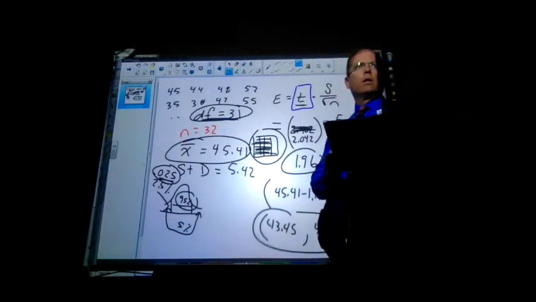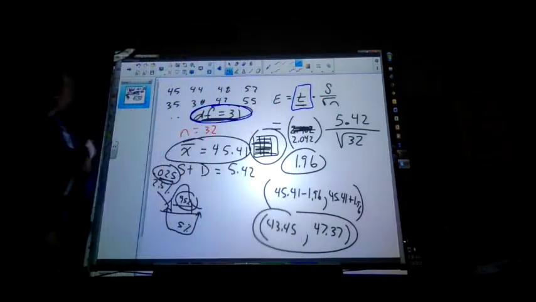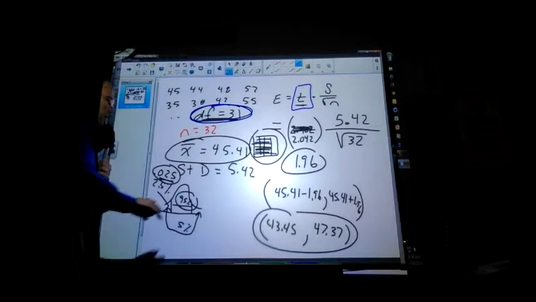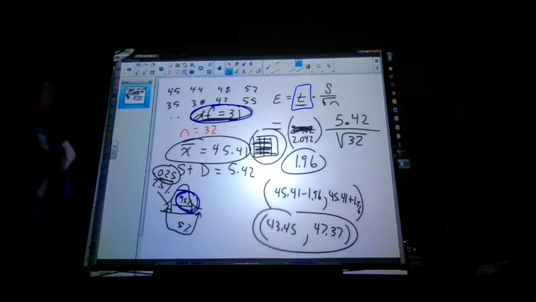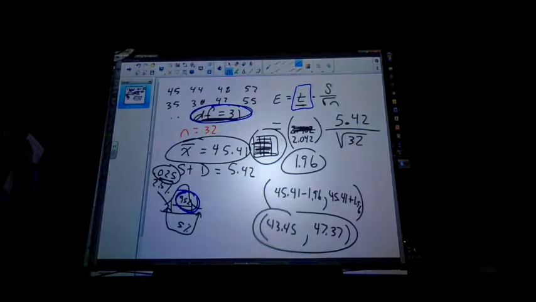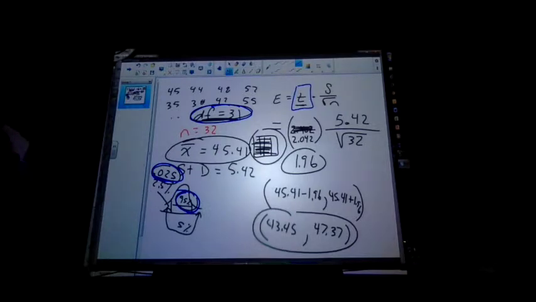So this is going to use your degrees of freedom. And we got that because it's one less than our amount of data. Okay? We are going to use the 95% confidence interval, which means I'm searching for that because we're looking for one of the tails.